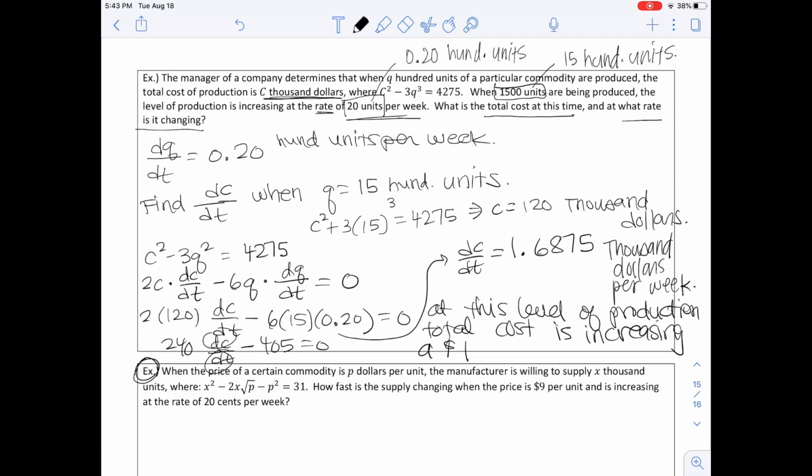This is multiplying that 1.6875 times 1,000, and you get $1,687.50 per week.